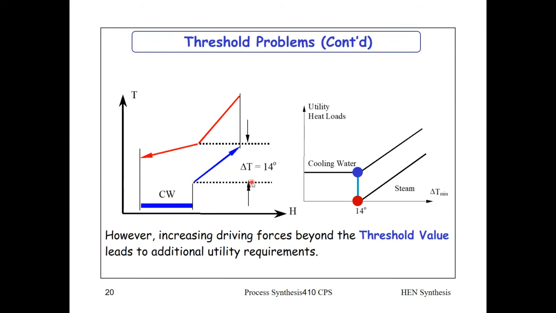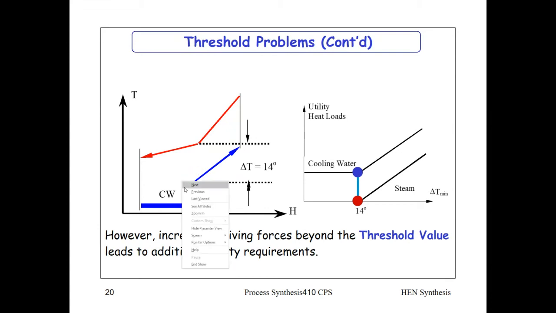So let's assume that we've got a 10 degree delta T min equals 10 degrees C, and you've got this hot composite curve, and you've got this cold composite curve starting over here and going up till there. So if you move this cold composite curve horizontally, you can move it even further left.